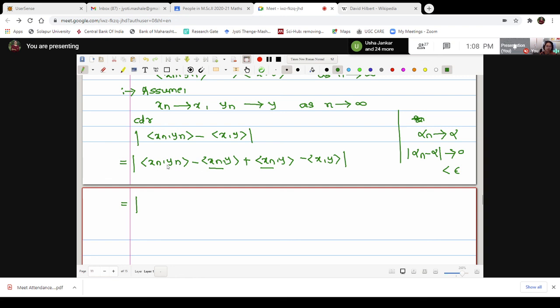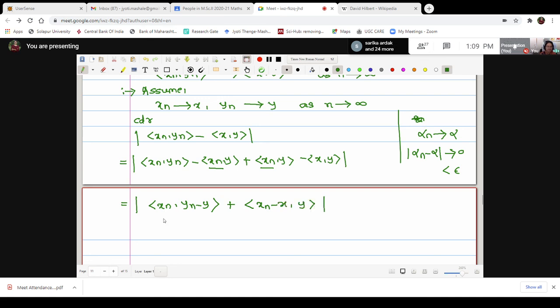Here we can use the linearity in the first variable concept. Therefore, I can write these two as one inner product xn, yn minus y. Okay. And for the second, y is the same, that is, the second variable we will keep as it is. Here we will write xn minus x.